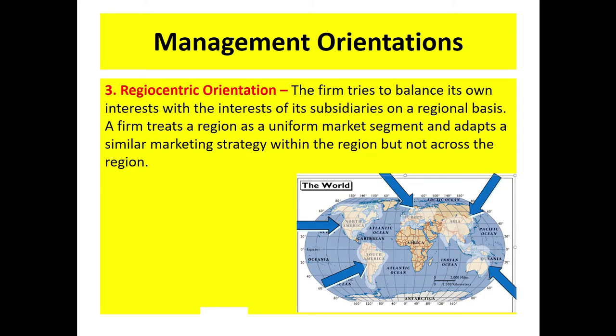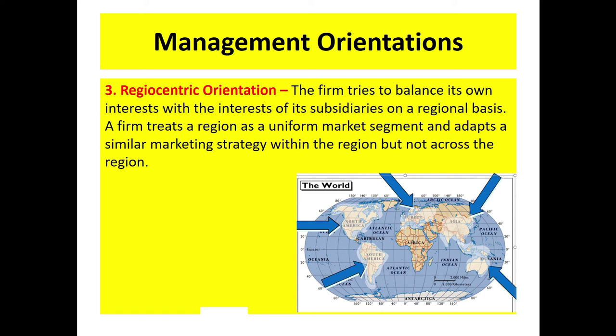Okay, so regiocentric orientation. A firm tries to balance its own interests and, of course, the interests of its subsidiaries on a regional basis. So they adapt the product based on region.